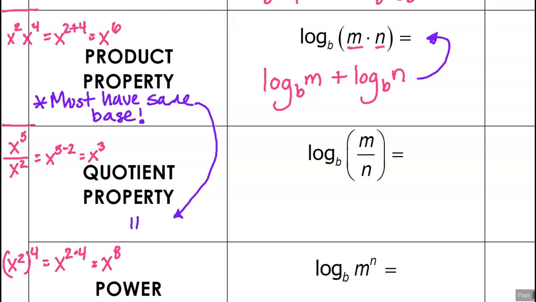So this log base b of m over n can expand into log base b of m minus log base b of n. Also, the reverse holds true. If you have two logs of the same base being subtracted, you can condense it into one log by dividing the arguments.